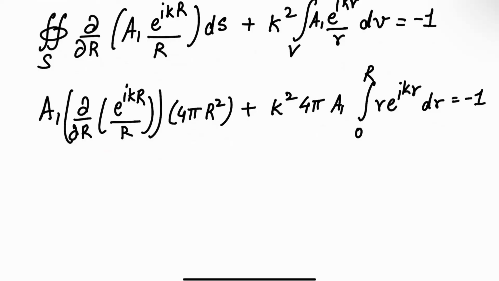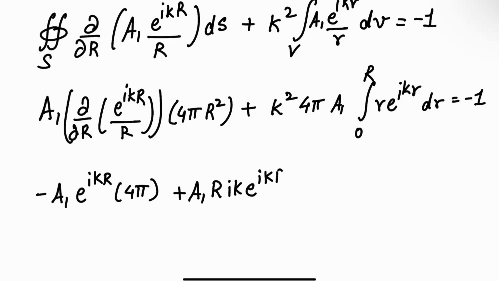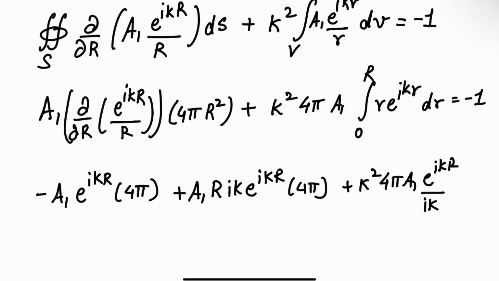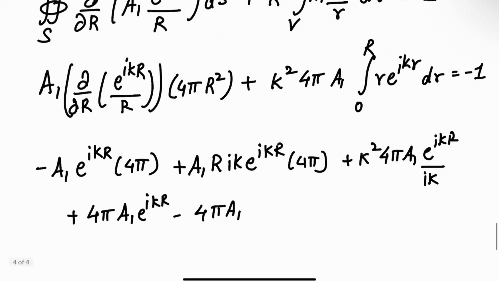You will get minus A1 e to the ikR times 4 pi, plus A1 R ik e to the ikR times 4 pi, plus k squared 4 pi A1 e to the ikR over ik, plus 4 pi A1 e to the ikR, minus 4 pi A1, equal to -1.